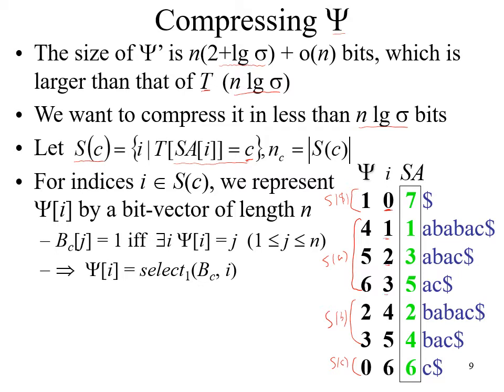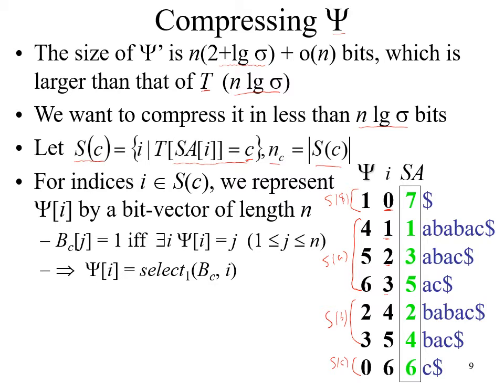And let n sub c be the cardinality of the set. So this is equal to the number of suffixes whose first character is c. So na is 3, nb is 2, and nc is 1.